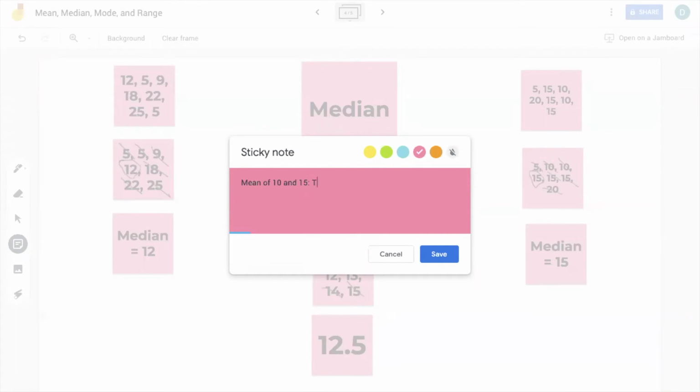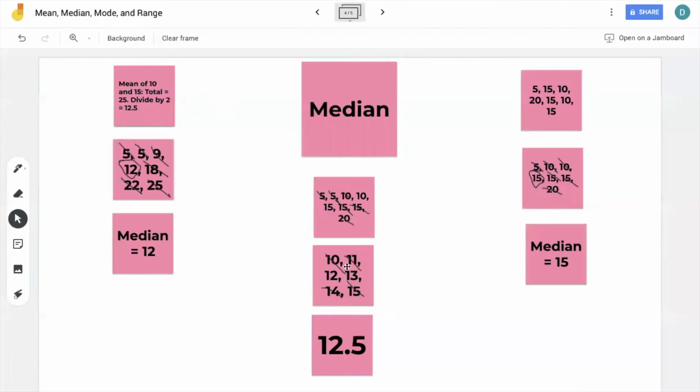We know the total will add to 25, and there are only 2 values. So now we divide by 2, and that equals 12.5. That is another simple way to find the middle of the middle if you're stuck like this.